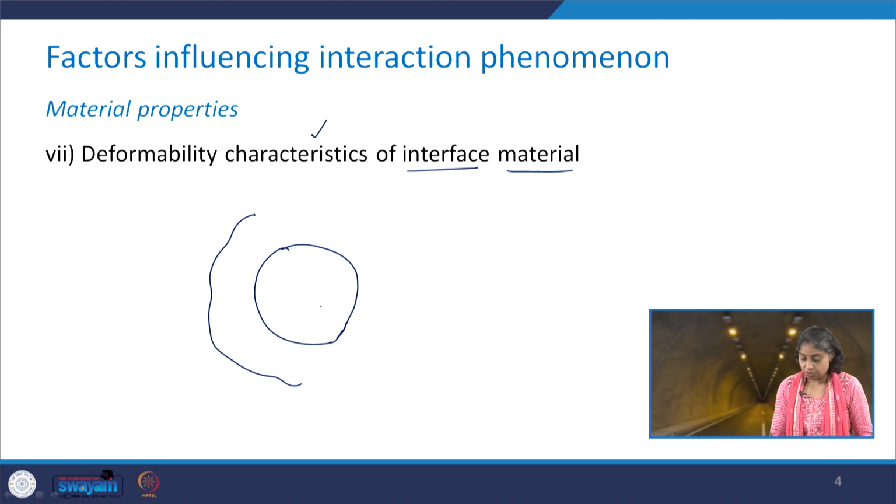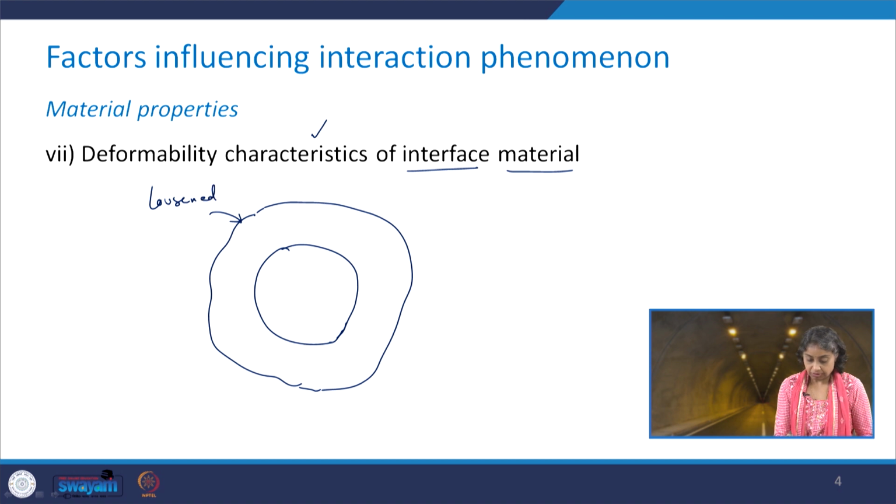We have a zone of the loosened rock. So, this is the loosened rock mass. This portion we call as overbreak.